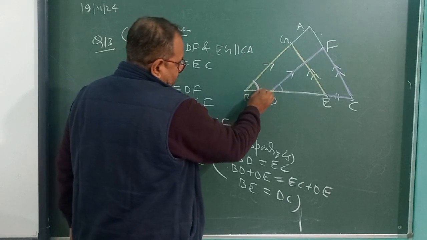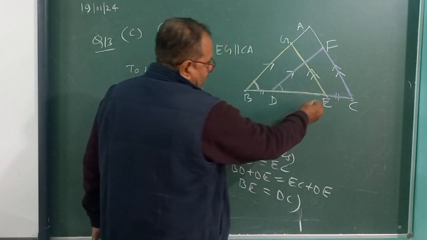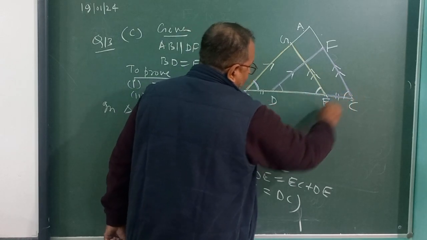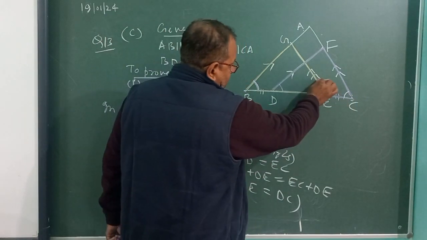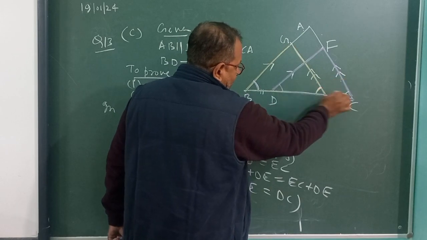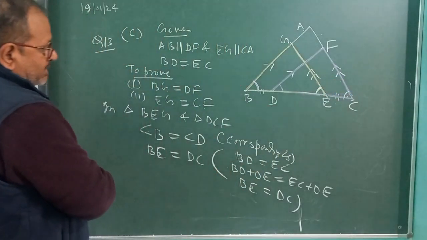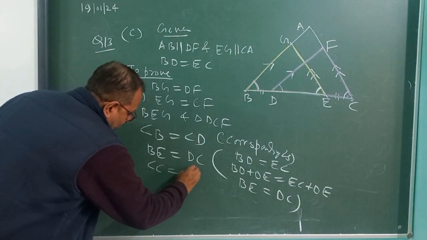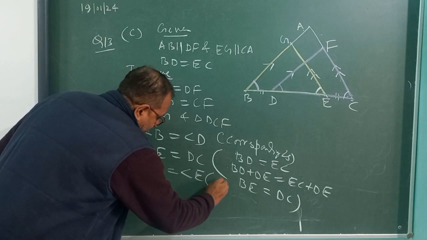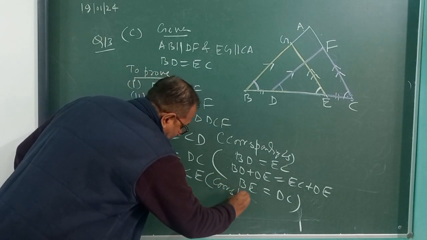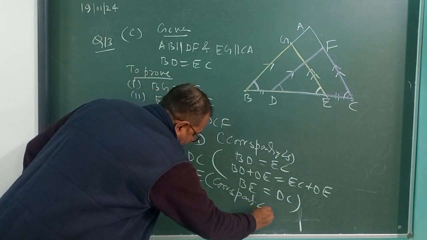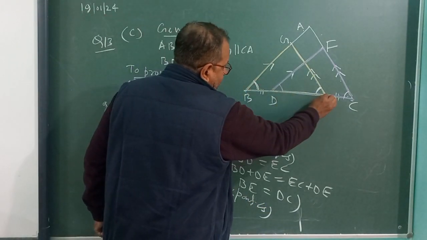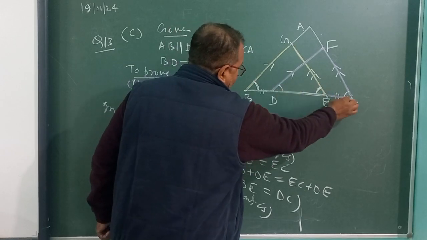So one angle equal, one side equal. Next angle E and angle C both are equal. Again corresponding angles. These two sides are parallel. So angle E and angle C are equal, reason corresponding angles. So angle, side, angle.